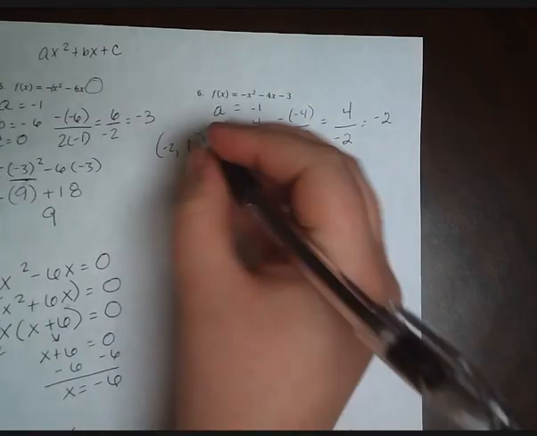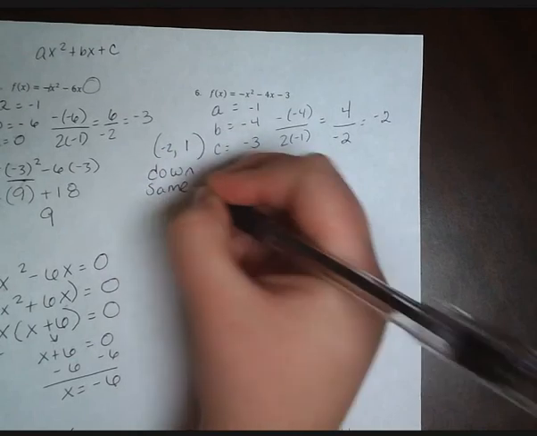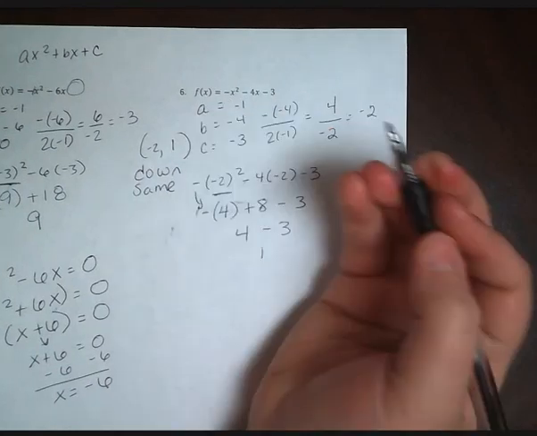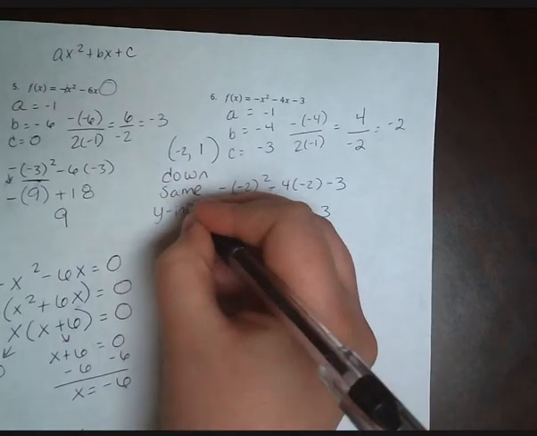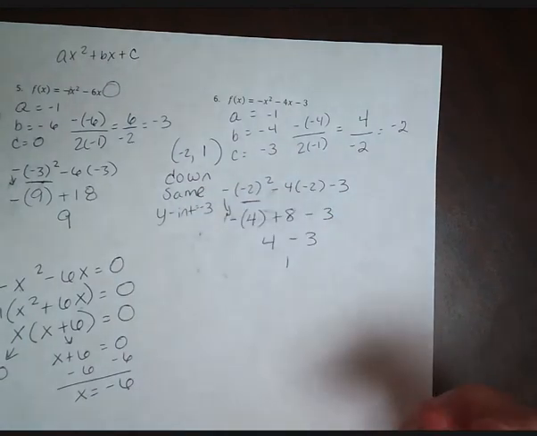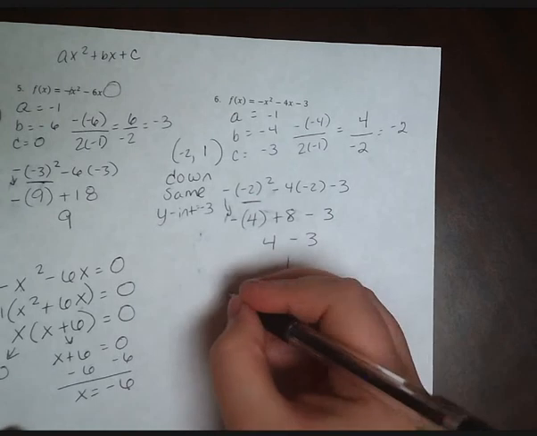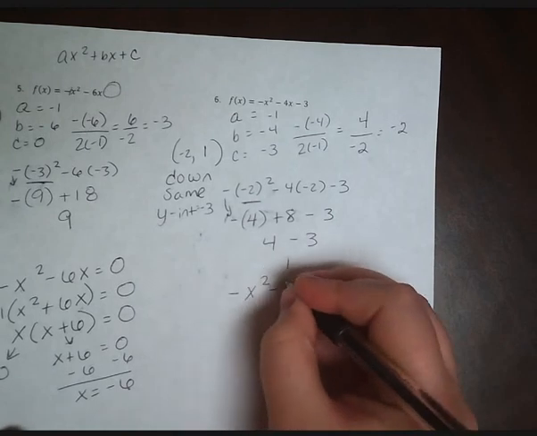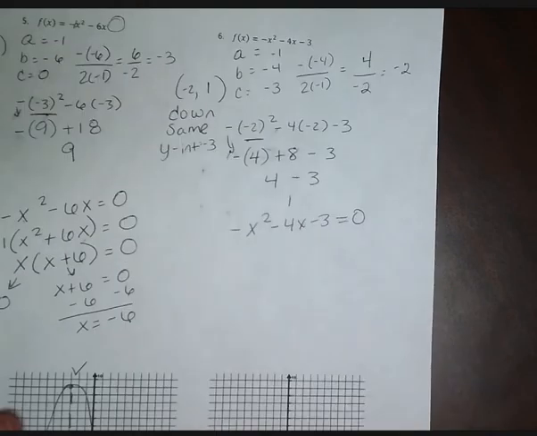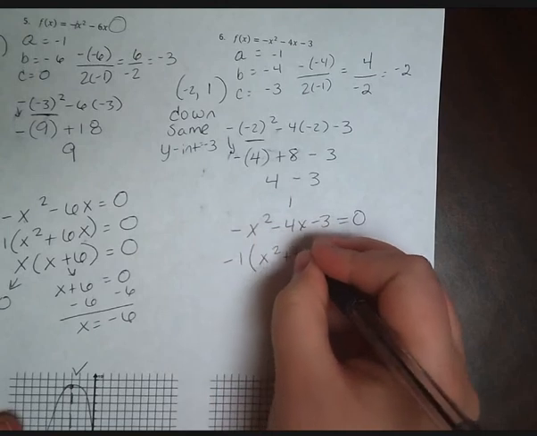Our graph is going to face down, and it will be the same as the graph f of x equals x squared because that's a 1. Our y-intercept is -3. And then we are going to factor this in order to find our intercepts. So we take out that -1, which we should be used to by now.